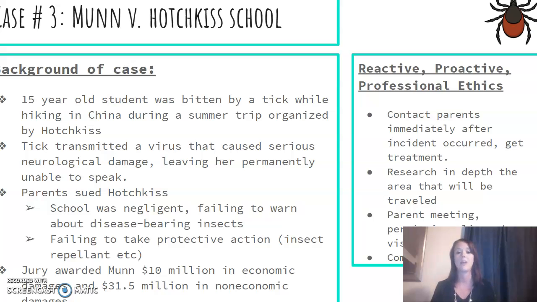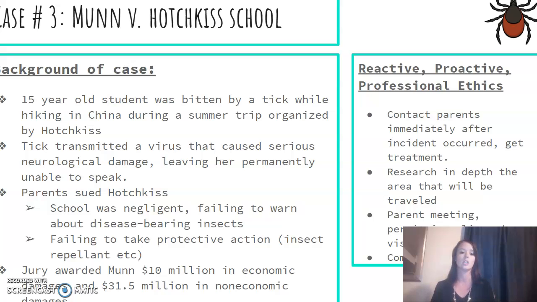They felt that they were negligent by not warning parents or students about potential disease-bearing insects in the area that they were traveling. And when they were there traveling, the teachers and administrators failed to take protective action for the students, so maybe encouraging them to wear insect repellent or just really educating them on the environment and the area that they were in.